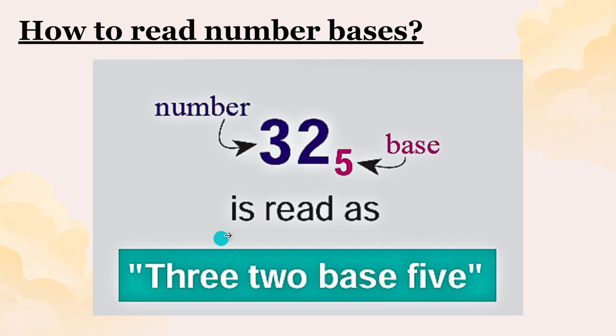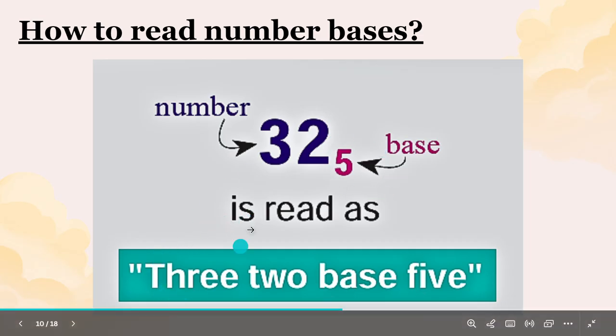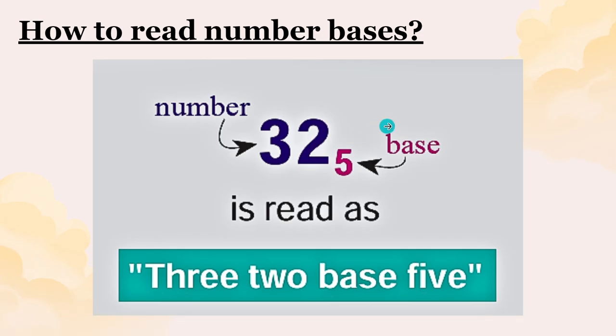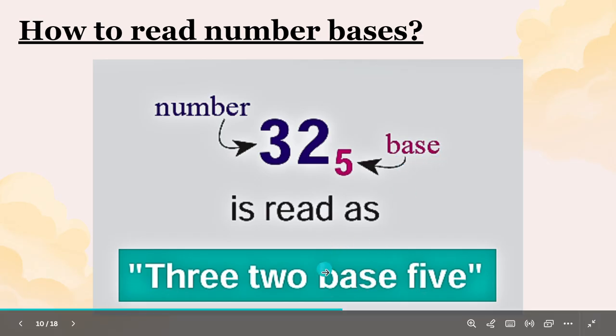How do we read this? It is read as 3, 2, base 5. 3, 2 is the number. We do not read it as 32. Just 3, 2, base 5. Don't forget, you need to put the word base here.